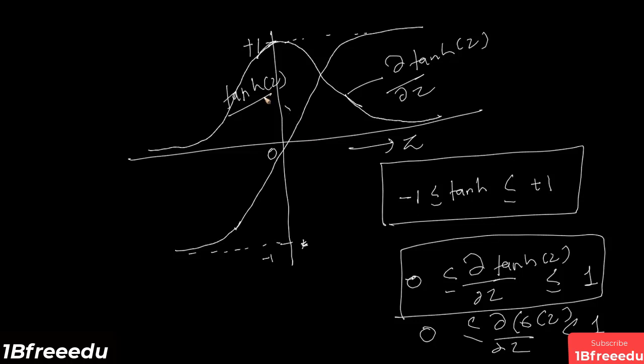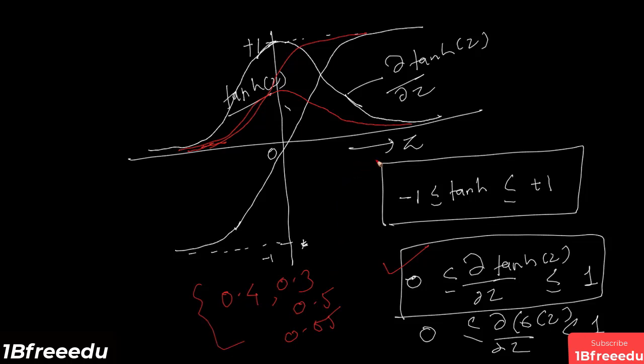If I plot sigmoid on the same graph, the derivative of sigmoid will look like this, and sigmoid itself will look like this. These red curves are for sigmoid, but the point to observe is that the shapes of these curves are very similar. Again, the derivative of sigmoid has values like 0.4, 0.3, 0.5, 0.05, etc.